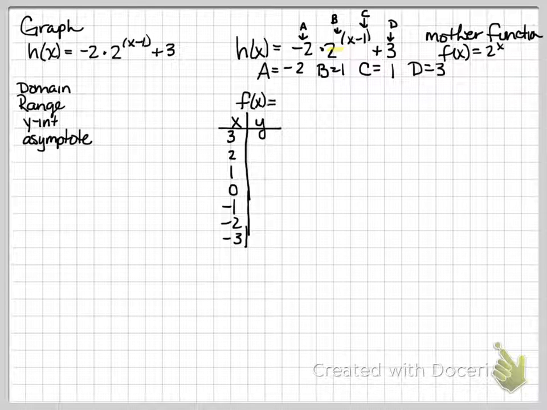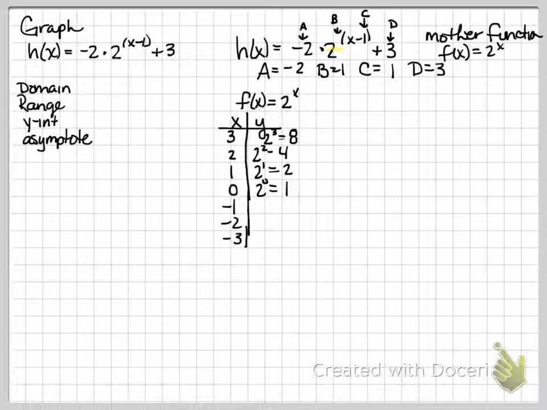Now remember, f of x is equal to 2 to the x. So y here is going to be 2 to the third power, which is 8. The next one is 2 squared, which is 4. 2 to the first is 2. 2 to the 0, which is 1.